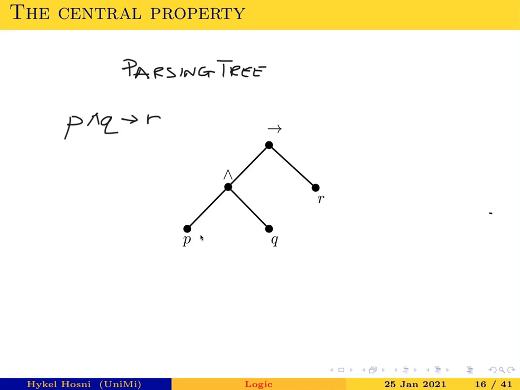Then actually, this object is defined recursively. So recursion is a keyword in the whole business. So this means that you actually have a precise definition which tells you how to produce all parsing trees starting from a given set of propositional variables.